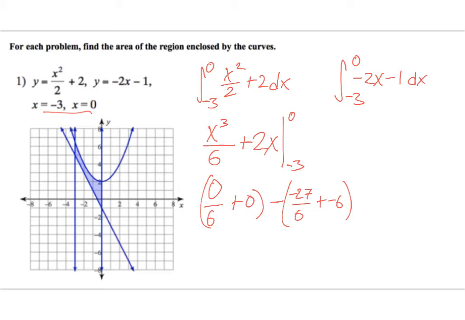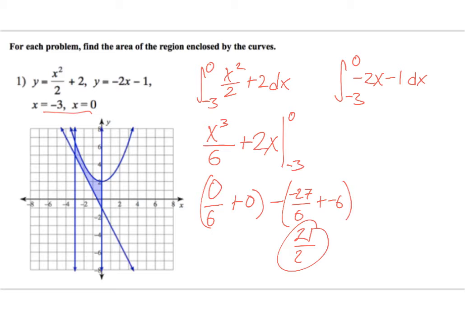My 0 parts go away, and I'm left with, so that's going to be divided by 3, negative 9 over 2 minus 6 more is going to be negative 21 over 2. Minusing, we got 21 over 2 is our final answer.